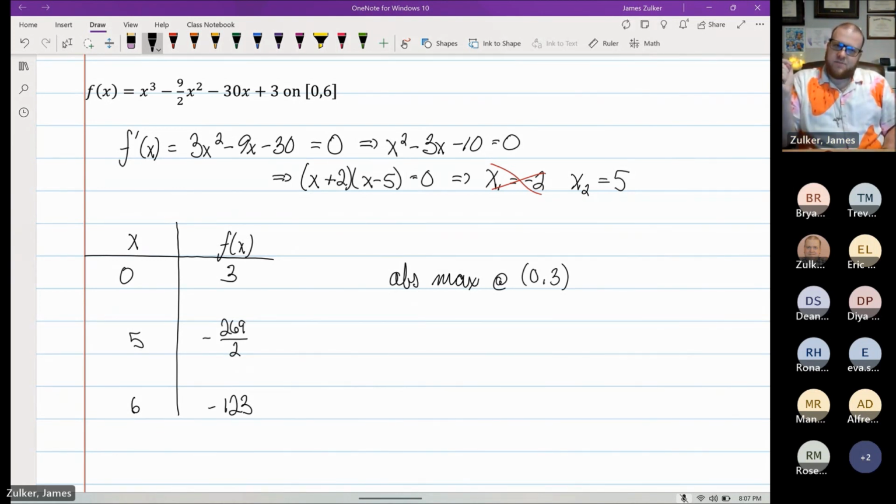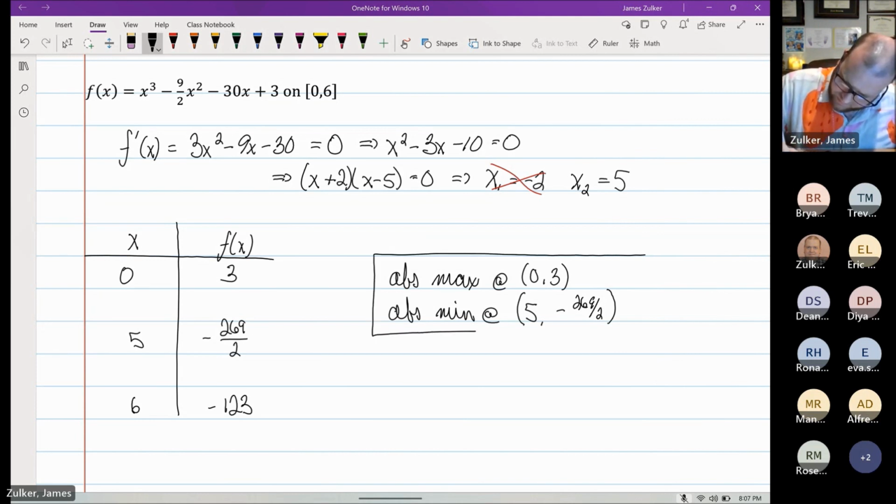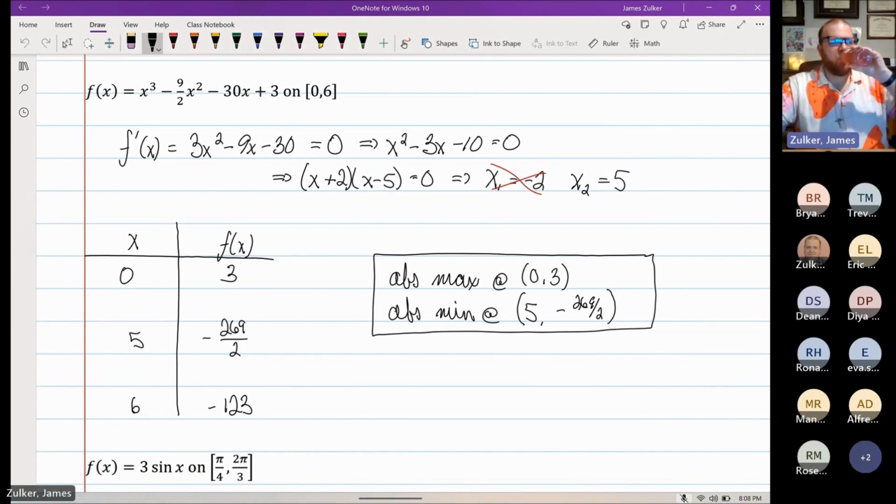What is the smallest? That is the absolute min. Okay.